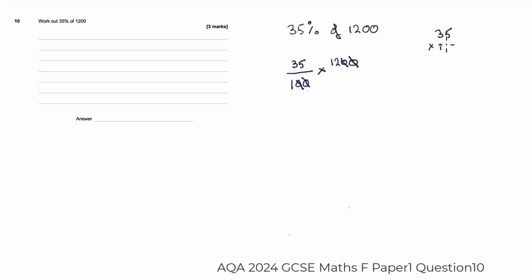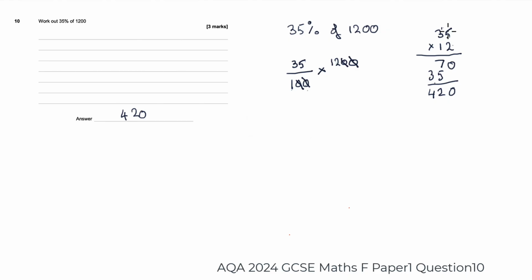Now you can either do long multiplication, 2 5's 10, 2 3's are 6 plus that 1's 7, 1 times 35, and add. And we get 420. So that's our answer, 420.